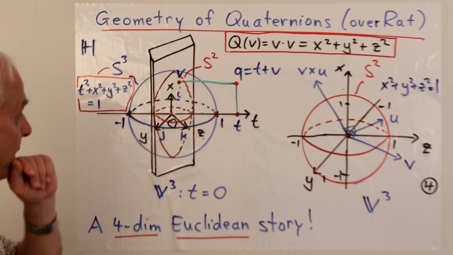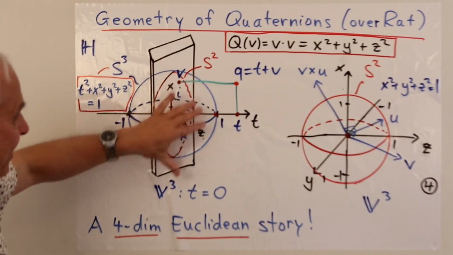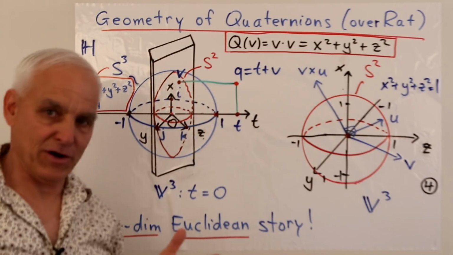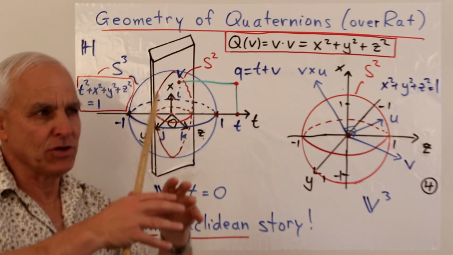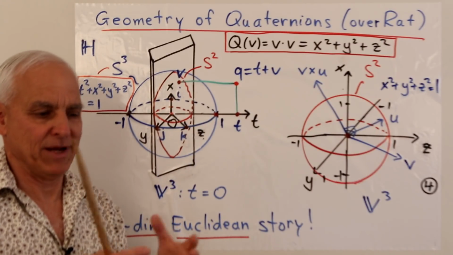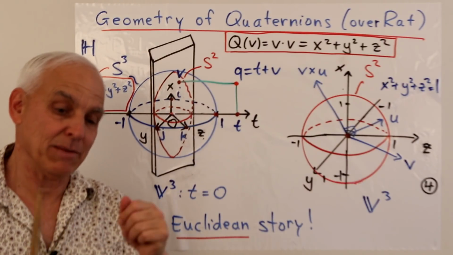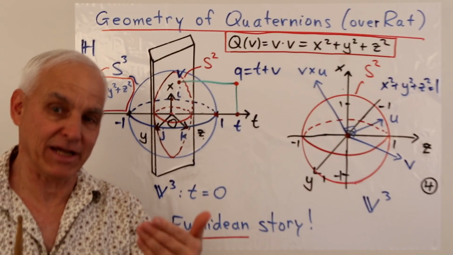Now, when we look in this thing here, we can also look at a sphere. And that's really a good starting point for the geometry, because that pins down a lot of aspects of the geometry, in particular perpendicularity.